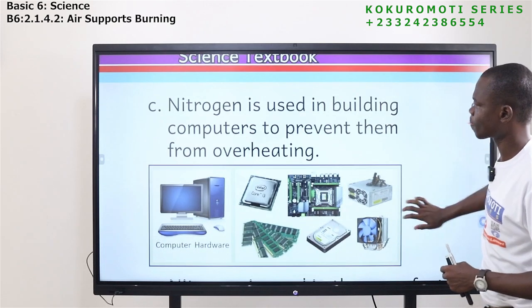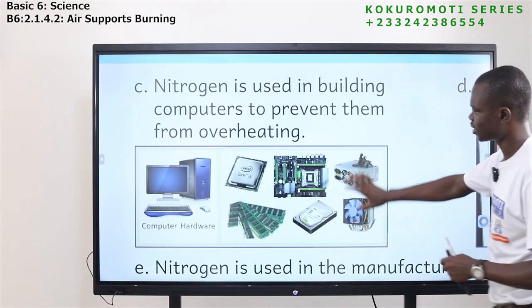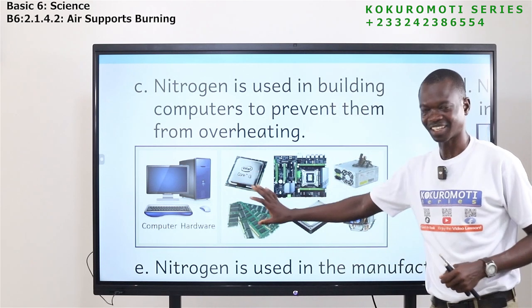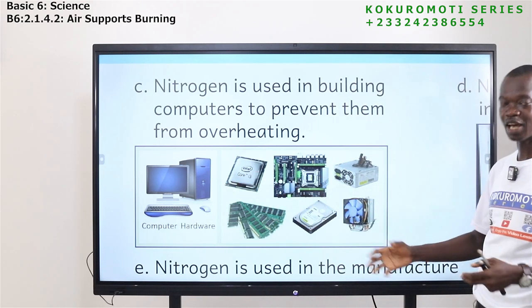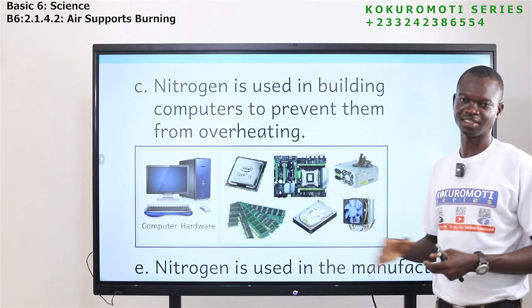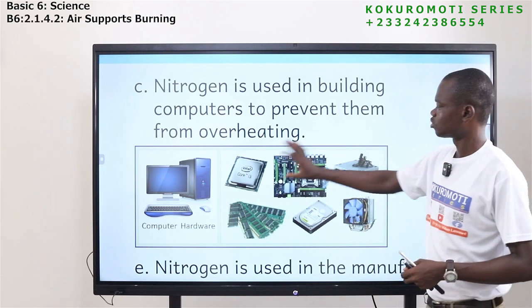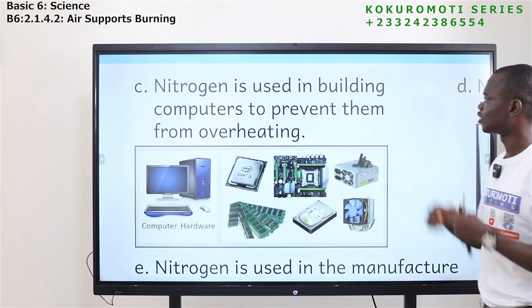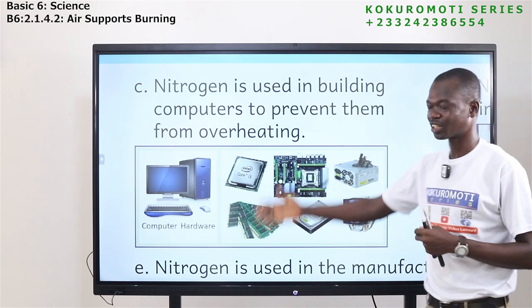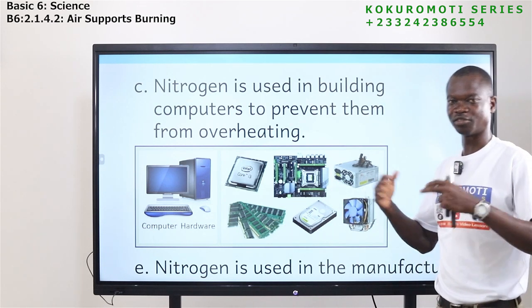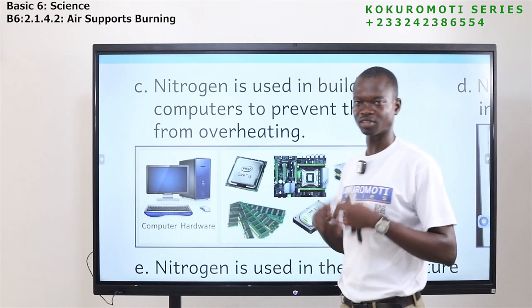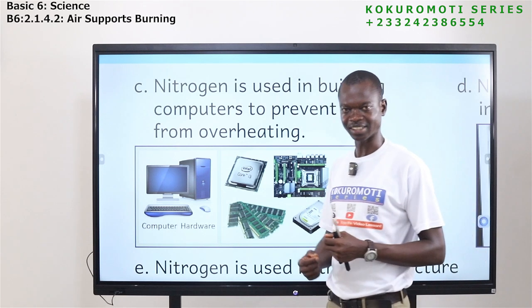Okay, so the next one is this. What do you see here? What you see here is a computer. These are the physical parts that you can touch, you can see. That is the hardware of a computer we are talking about. To get these parts, you need different materials. And when you use your computer for a longer period of time, you see that sometimes it becomes overheated.